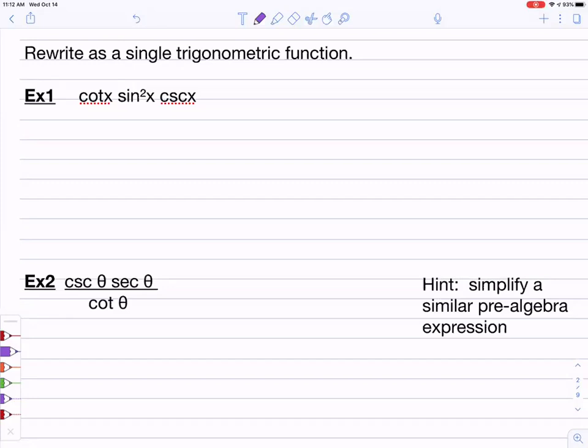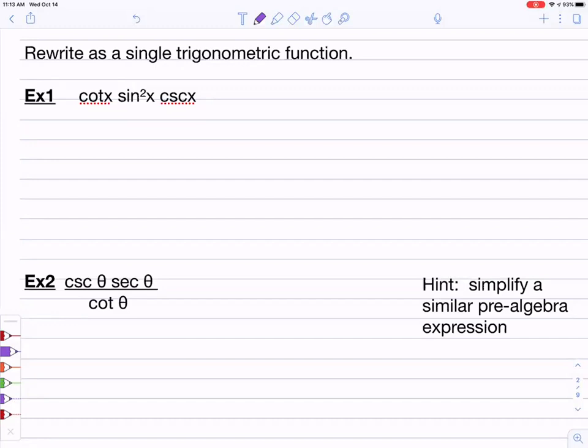We've got some things that we're allowed to use: quotient identities, Pythagorean identities, and then our elementary stuff: substitution, add, subtract, multiply, divide.